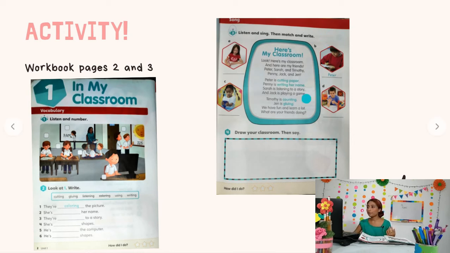And then we have Timothy, okay? Timothy is counting. You need to find who of these kids is counting with his fingers. And the last one is Jen. She is gluing. And so now let's listen to the song so you can do this activity.